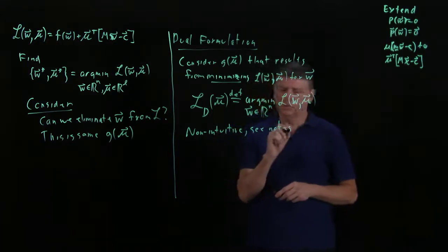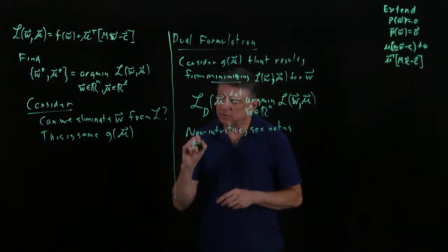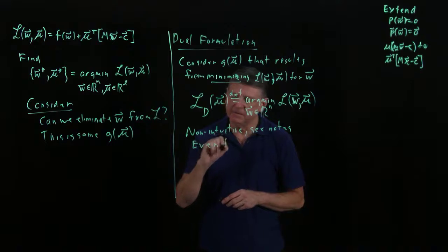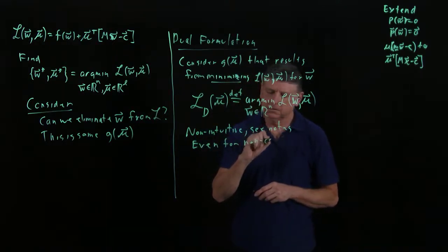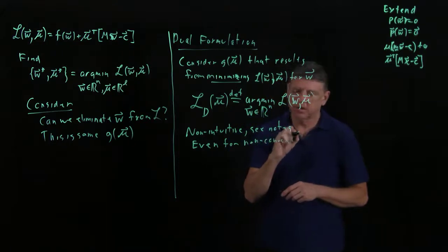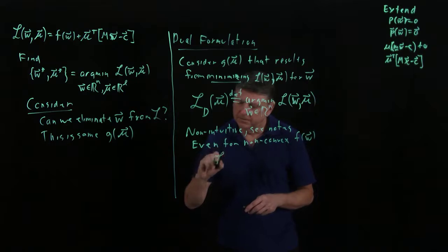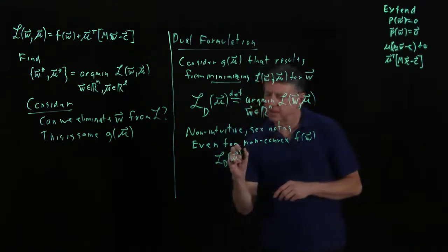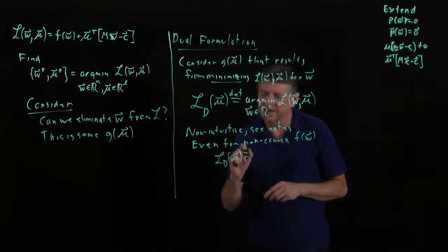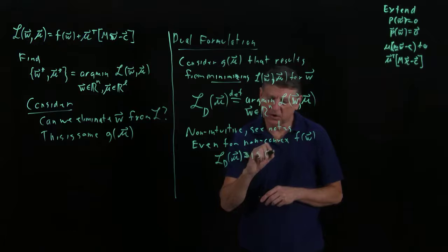I'll emphasize this: even for a non-convex objective function, the dual function that has the Lagrange multipliers as its argument is concave.